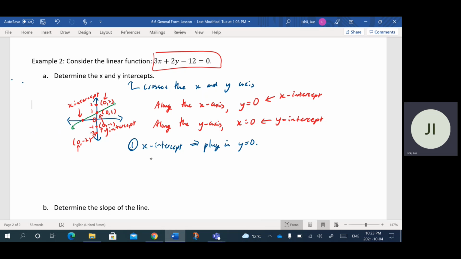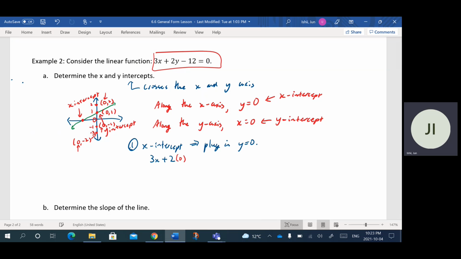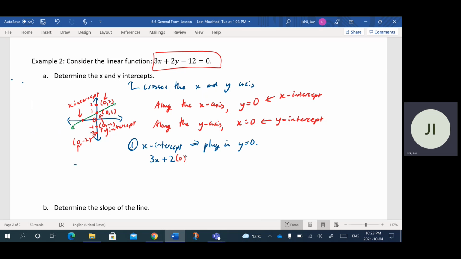So the way that's going to look here is that I'm going to have 3x plus 2, now for the y, since I'm trying to find the x-intercept, plug in 0, and then minus 12 equals 0. Now if I solve this equation, I should get the x-intercept, because I plugged in 0 for y.